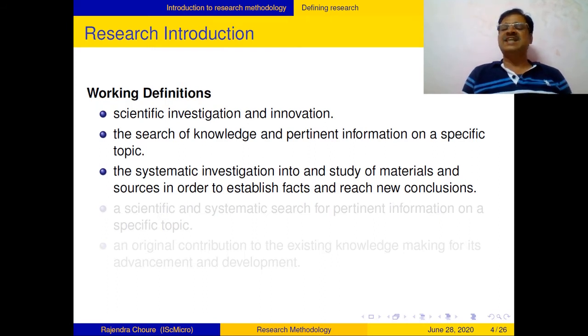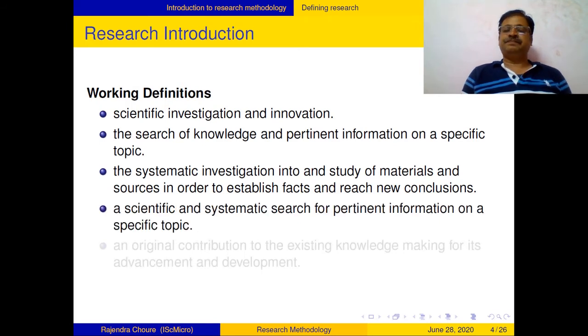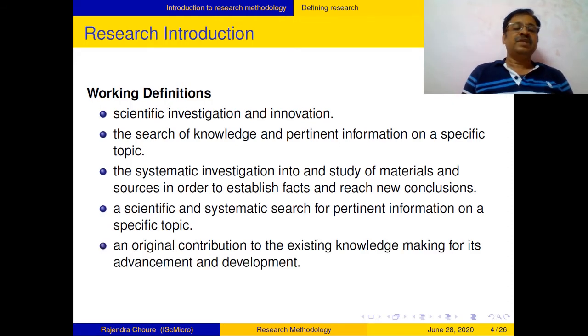This definition says that research finds new knowledge. Then it's a scientific and systematic search for pertinent or required information on a specific topic. Specific topic is important here. And it's an original contribution to the existing knowledge, making for its advancement and development.